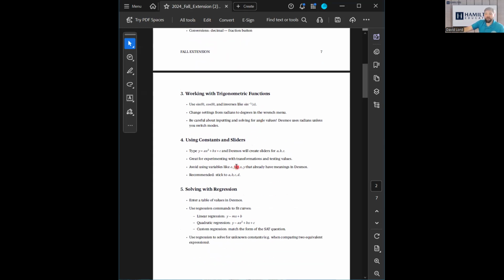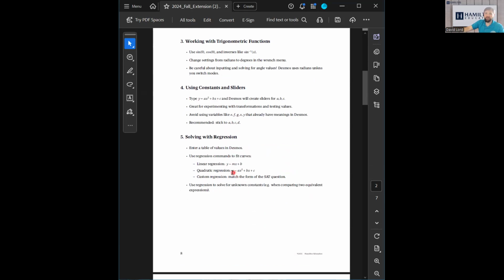And I usually recommend avoiding F, G, X, and Y because those are usually reserved for functions. So lastly, try to stick to A, B, C, D. You can also use M and N as well, but generally speaking, if the problem uses a weird letter, definitely you can change it if you want to.